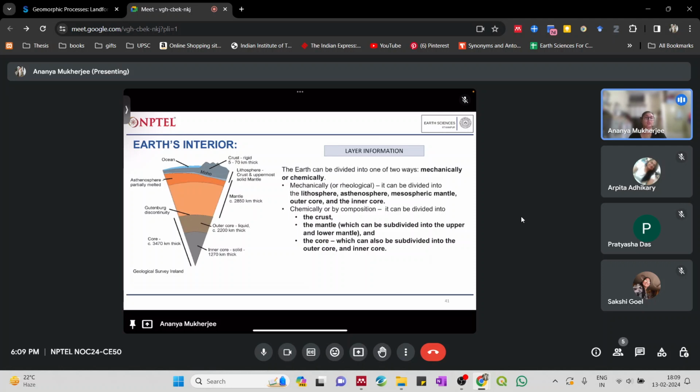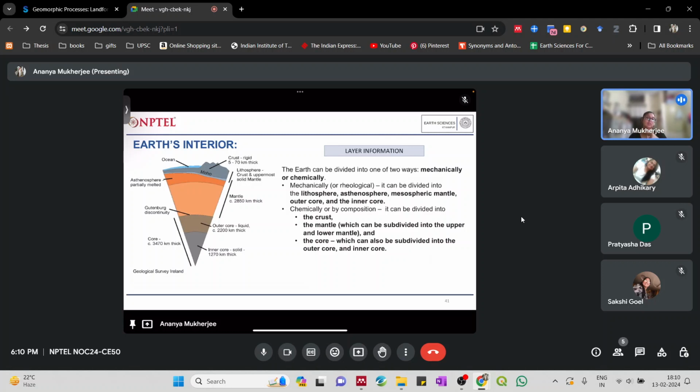The layers differ in their composition and in their physical properties. So on the basis of the physical properties and the composition both together, we can categorize the different layers and find out what changes we see when we go from one layer to another.